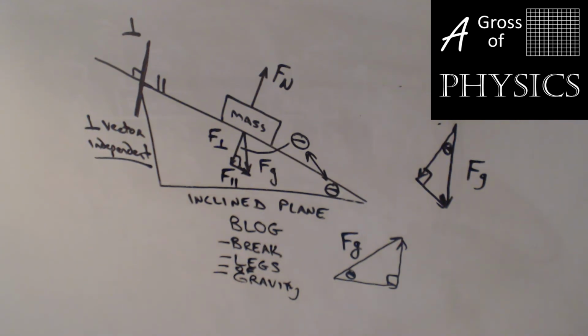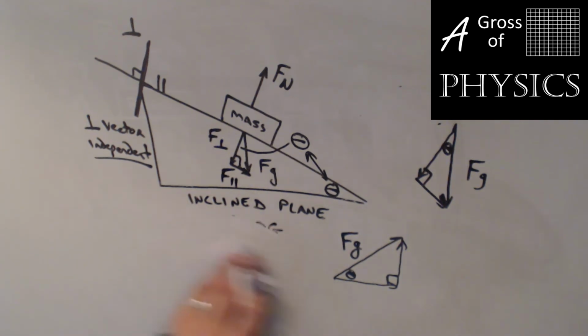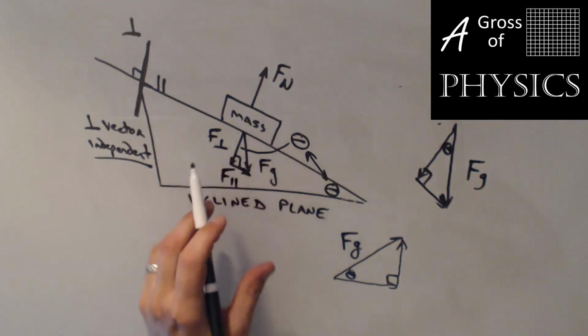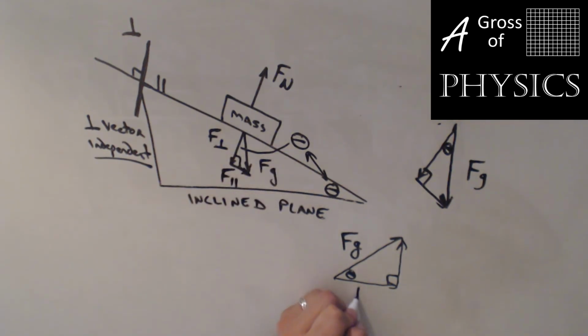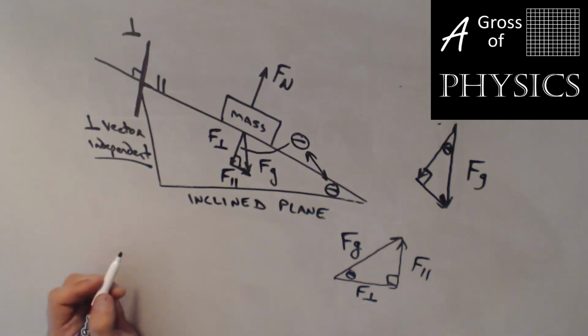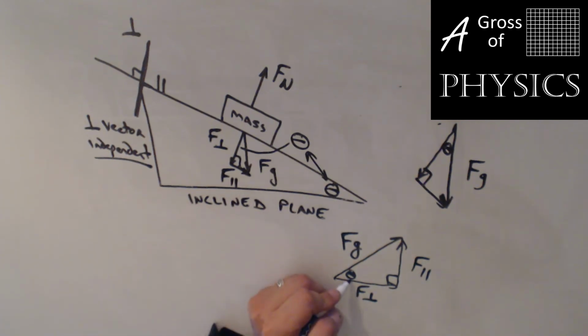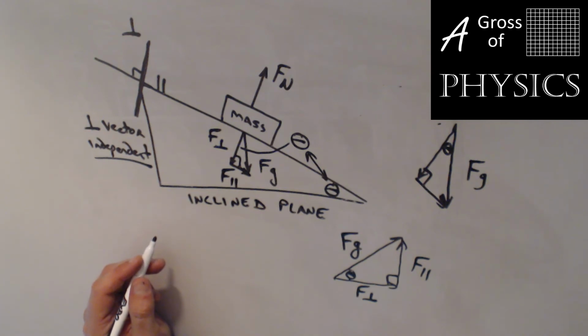So I call it F parallel. Now, in order to do the math for this, what we're going to need to do is trig. So taking this, and when I twisted it to get the right angle there, that's F perpendicular, and that's F parallel. Well, we've done enough trig by now to realize the one touching the angle should be cosine, and the one opposite the angle should be sine.